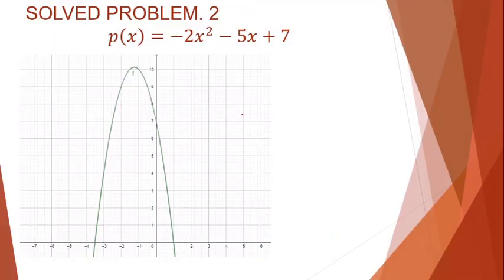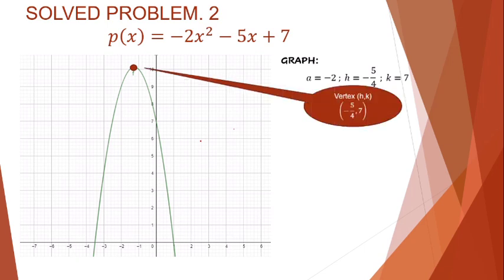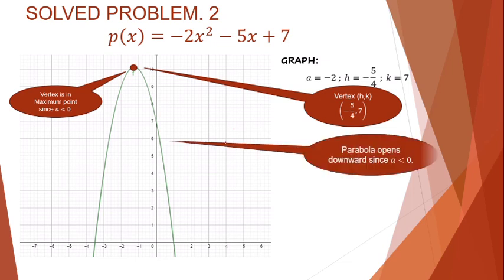Now, using your graph, this is your vertex, negative 5 over 4 and 7. Then, vertex is the maximum point since A is less than 0 or negative.